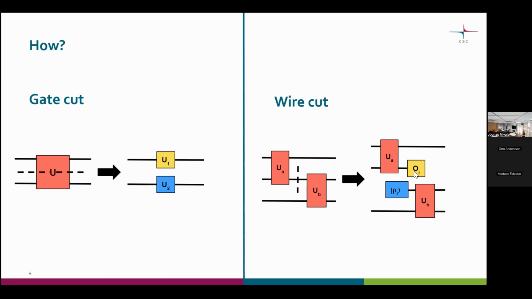But with wire cuts, the yellow box is a measurement, some basis measurement. So you first apply some gates to transform into your wanted basis, and then you measure. And then the blue box is where you initialize some state. We will get into more detail in a moment of how this all actually works, but this is a very rough diagram to get the basic idea across.